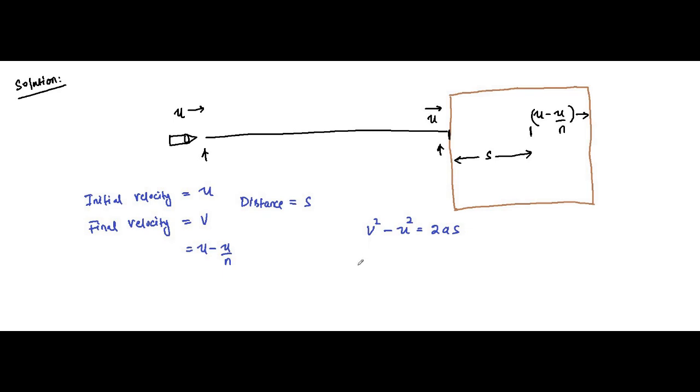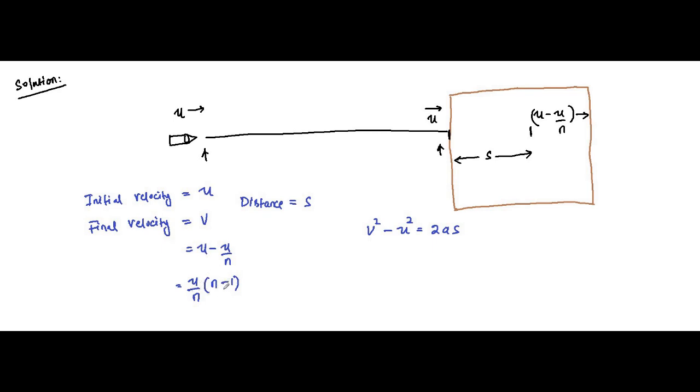So you have to substitute this. u minus u by n, or we can write it as u by n into n minus 1. Same thing.